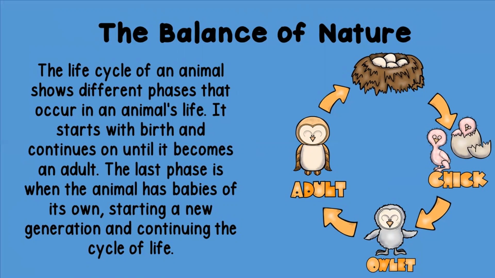So it's the same thing as humans. You start out as a baby, you grow into a toddler, a child, a teenager, an adult. And then if you choose to have your own children, then you're starting that whole life cycle over. And they call this a generation. So your grandparents went through their whole life cycle.